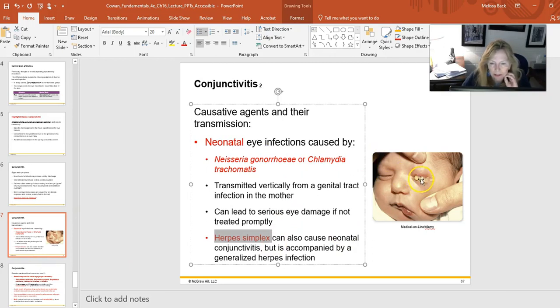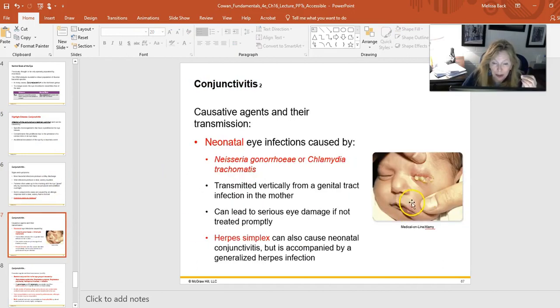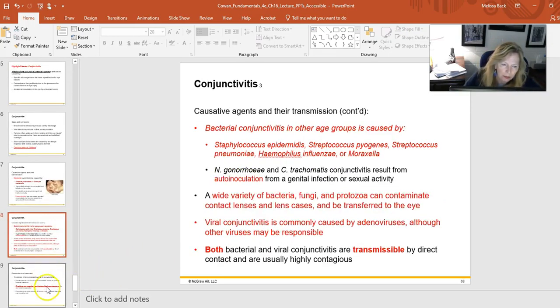But you can see in a bacterial conjunctivitis, it isn't a clear, watery exudate. In a bacterial conjunctivitis, it is cloudy, it is mucousy, and it causes incredible swelling and pain and lesions in the eye. It can scar the cornea, which can lead to blindness.